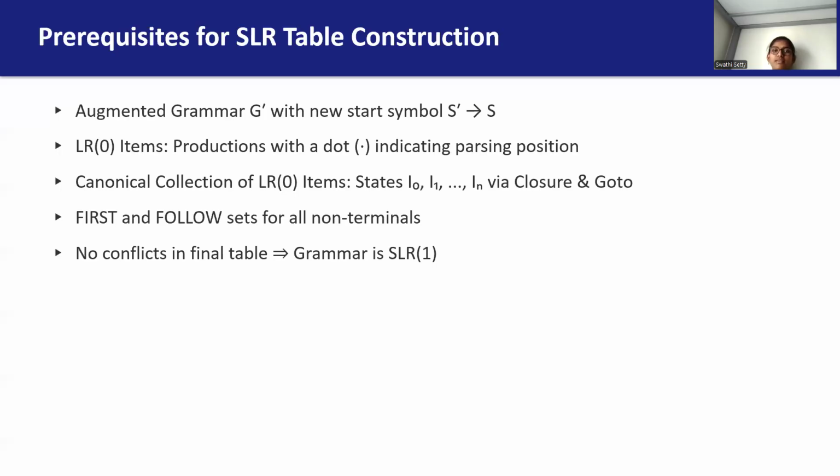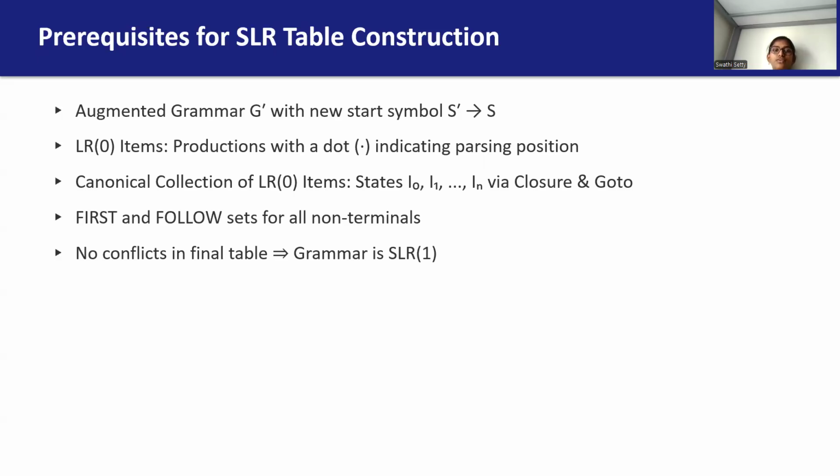First comes, we have to understand what are the prerequisites for constructing an SLR parsing table. First, we need an augmented grammar, which will contain a new starting symbol S' that refers to S. Then we have to compute the LR(0) items of all the productions with a dot indicating the parsing position, and then the collection of all the LR(0) items from state I0 to In via closure and goto.